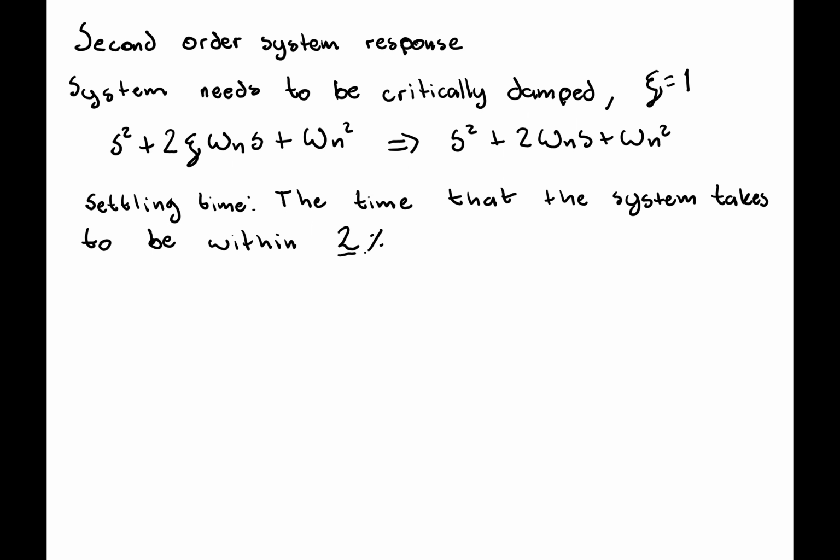This requirement can change, but in general I like to use 2%, but it can be 5%, and this will have an effect on the settling time, of course.